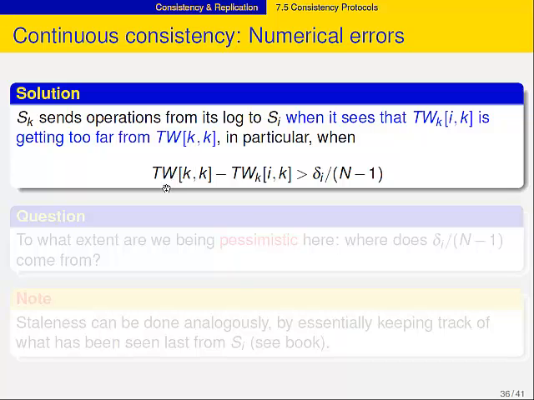So as soon as this happens, it starts pushing its updates to S_I. When server K knows about these write operations, but its view on what S_I has from itself is larger than delta over n minus 1, it starts pushing updates. Is this clear to everyone?